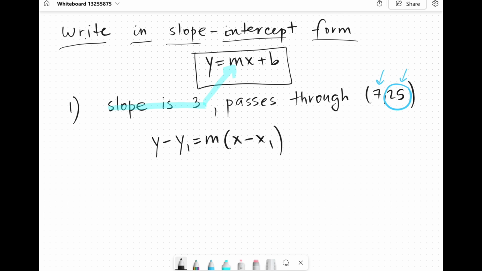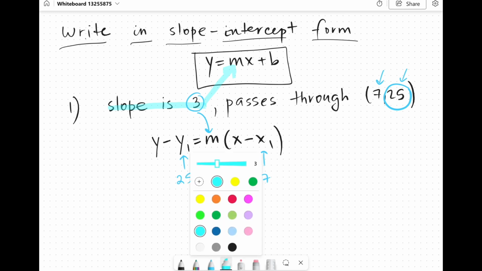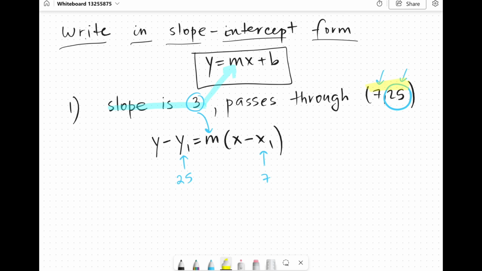In this form, I will be replacing m with the given 3, that is my slope. x1 will become a 7, and then y1 will become a 25, and those numbers come from the point right here. So here is the equation, y minus 25 equals 3(x minus 7).